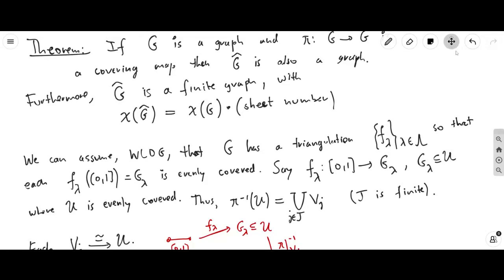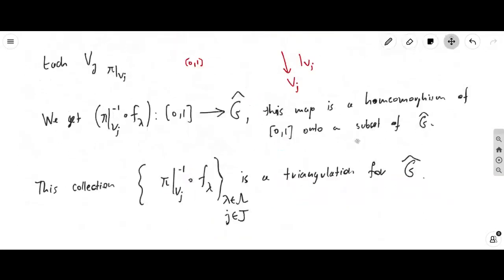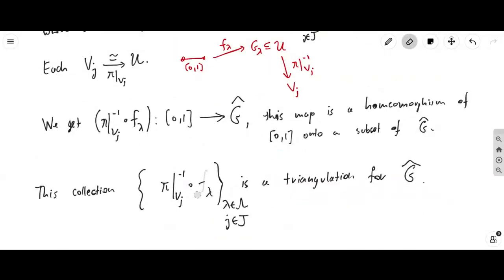So why does it get multiplied by the sheet number? Well, because if you count how many edges you have, notice you have the same number of edges that you have before, and for every single edge, you have J, capital J, extra edges in the cover, right? So that's the sheet number.